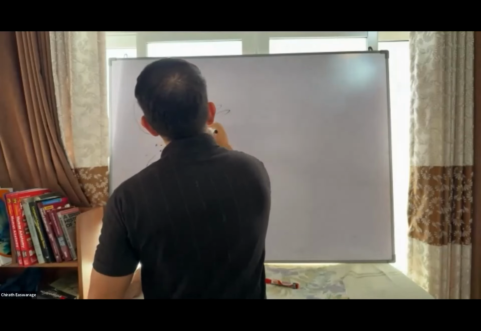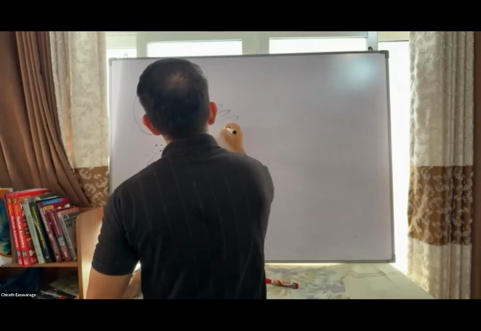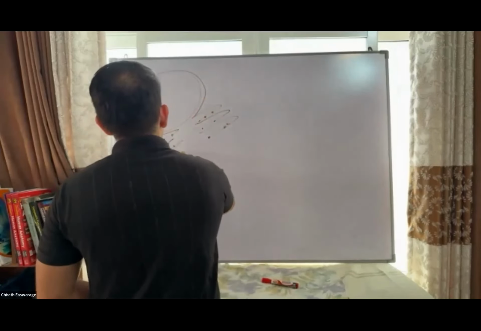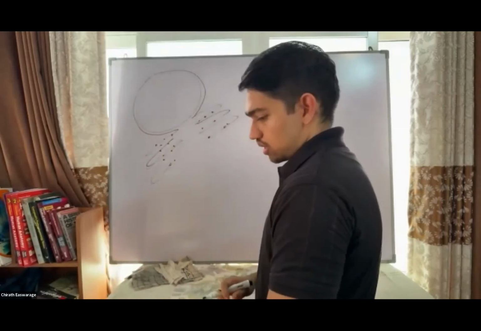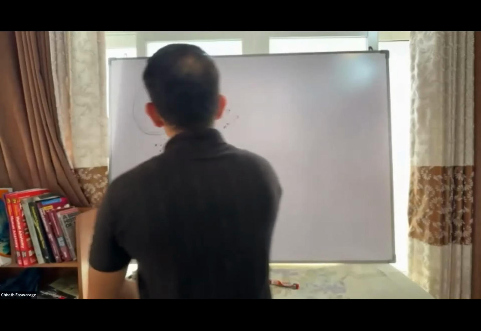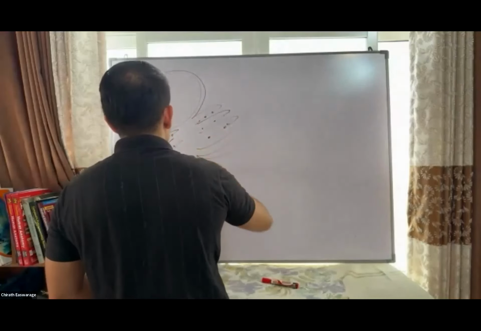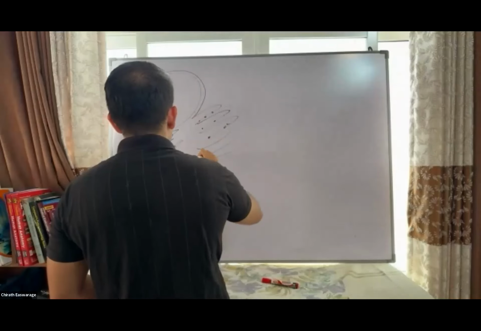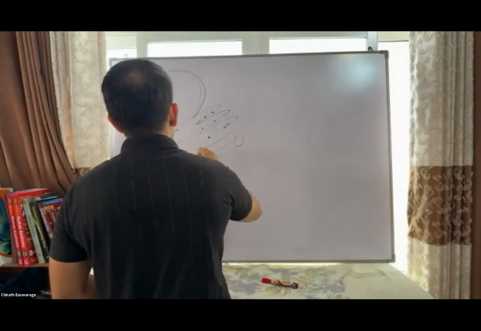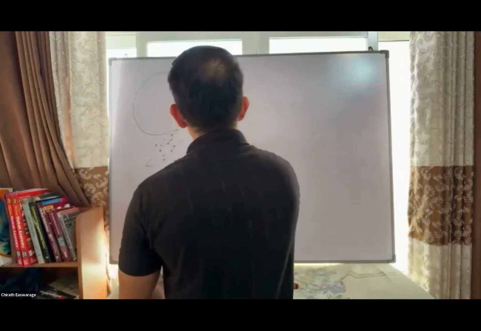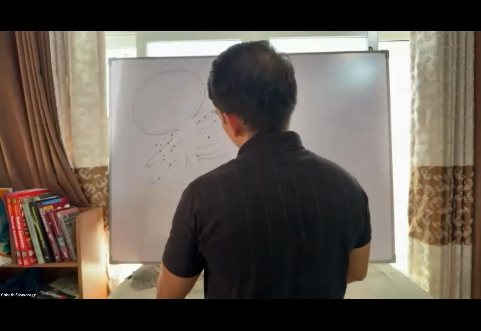Continuing from the rough endoplasmic reticulum, which is like flattened layers and layers of membrane, you have these tubular structures. If it's tubular and smooth, that is your smooth endoplasmic reticulum.